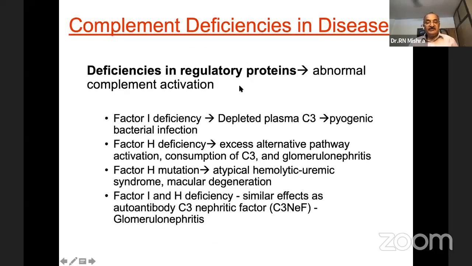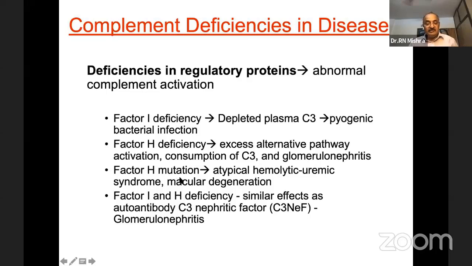And deficiency in regulatory protein, if this regulatory protein factor A is deficient, then there will be depleted plasma C3 with pyogenic bacterial infection. Factor A deficiency causes excessive alternate pathway activation and consumption of C3, and glomerulonephritis.